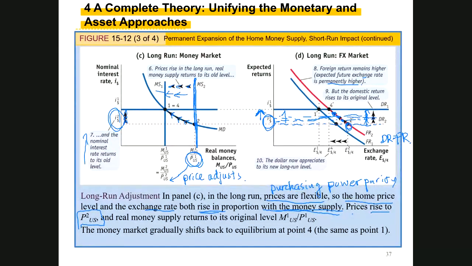Now, in the long run, DR will shift back to the original level because of the price change in the domestic market. Right? So the equilibrium will move from 2 to 4. So you see what's the exchange rate change? It's from this point to this point, and then shift back. But you will never go back to 1.